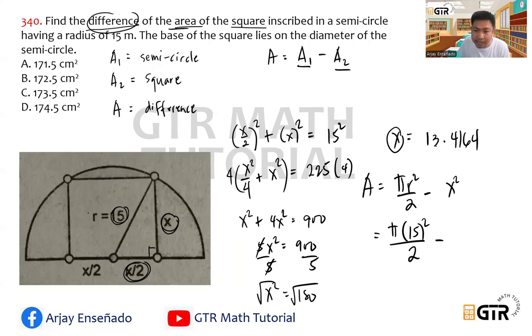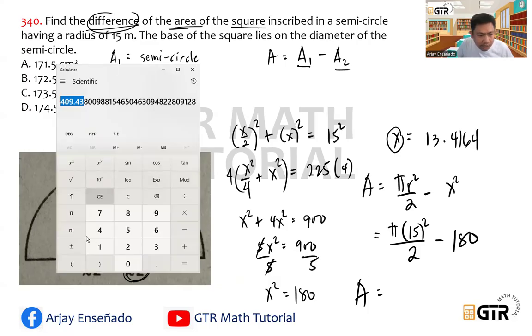If we square 13.4164, it goes back to x squared, so actually there's no need to solve for x, because we only want x squared, which is equal to 180. Just subtract 180. Let's use our calculator.